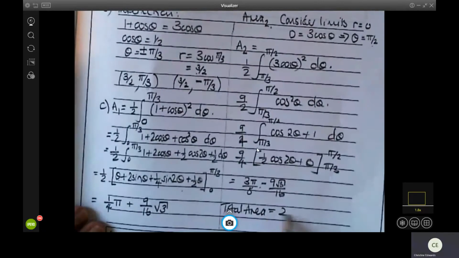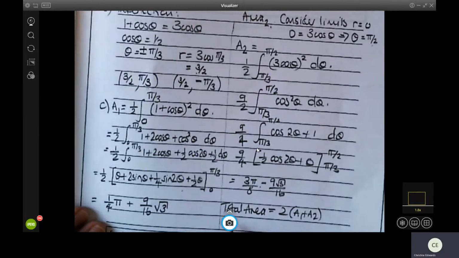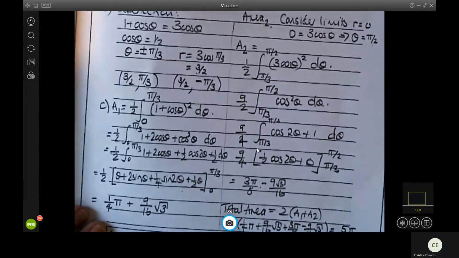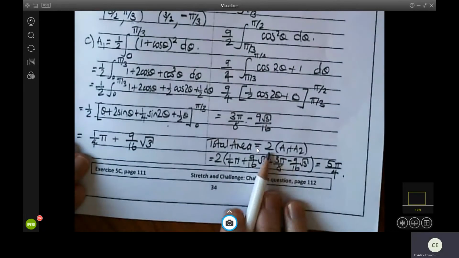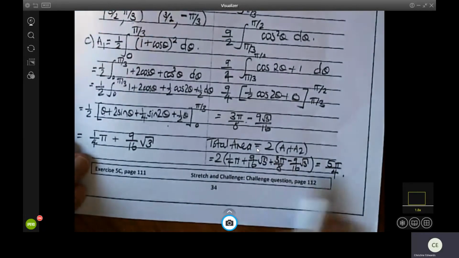So that's 2 times A1 plus A2, giving me a final answer of 5 pi over 4. So 2 times 2 areas added together. My final answer is 5 pi over 4.